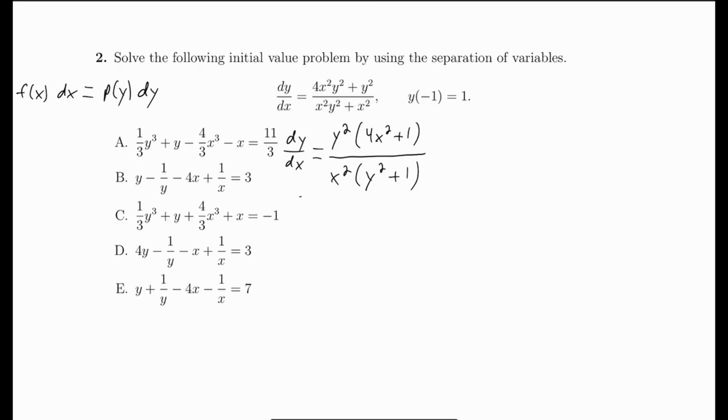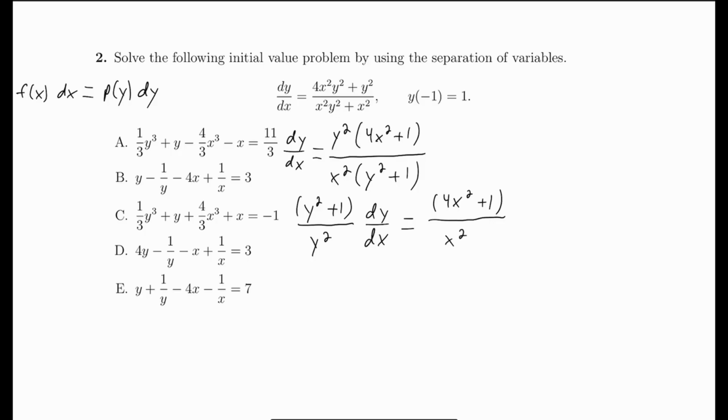So that will get us y squared plus 1 over y squared, and then we'll keep dy dx. And then that leaves us with just our x terms over here, 4x squared plus 1 over x squared.